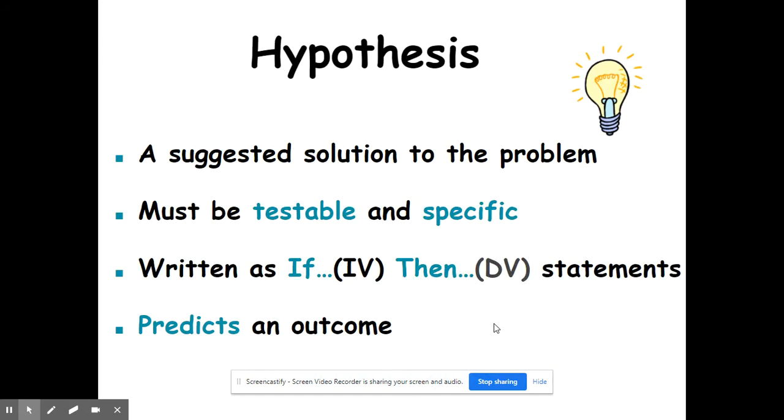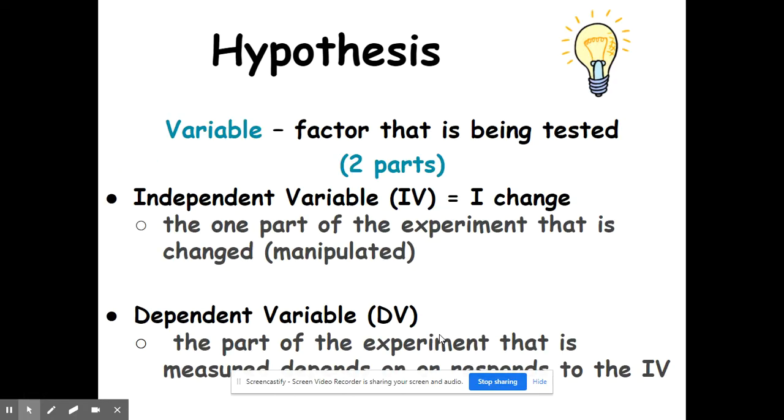This is going to lead to our educated guess or hypothesis, which is written in the form of if and then, and includes the independent and dependent variable. This is going to give us a very specific prediction of what we think the outcome will be and why.